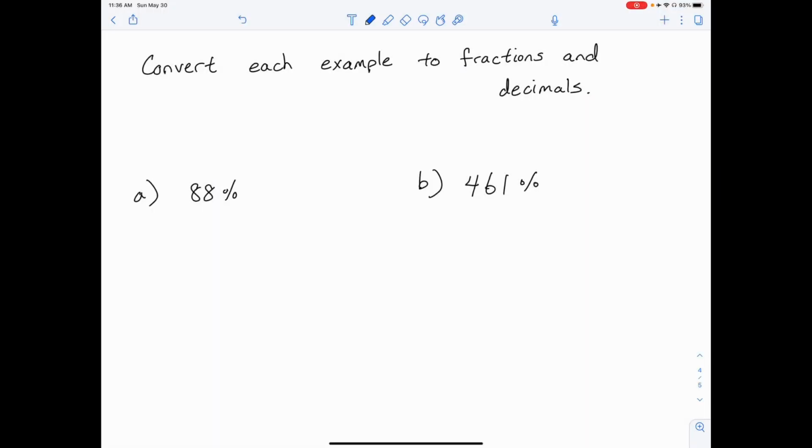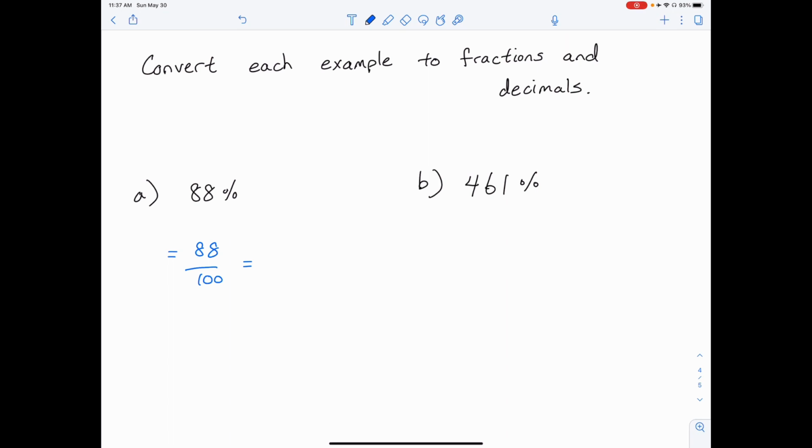All right, and lastly, we start with percentages and we have to convert them into decimals and fractions. With percentages, if they're nice, then it's pretty easy. We just put it over 100. So this is the same as 88 over 100. Now, a lot of teachers will want you to reduce your fractions to simplest form. So you can think about, okay, 88 and 100, we can both divide by 4.